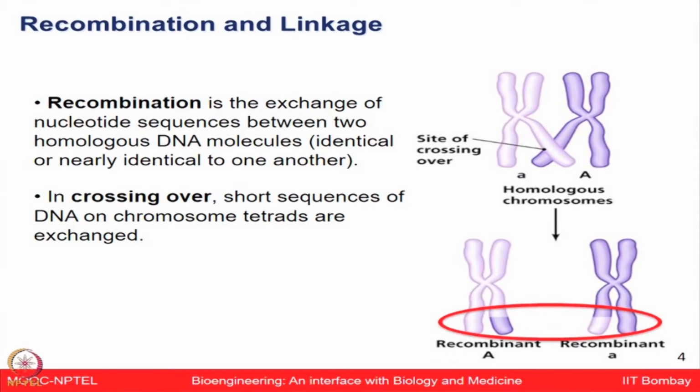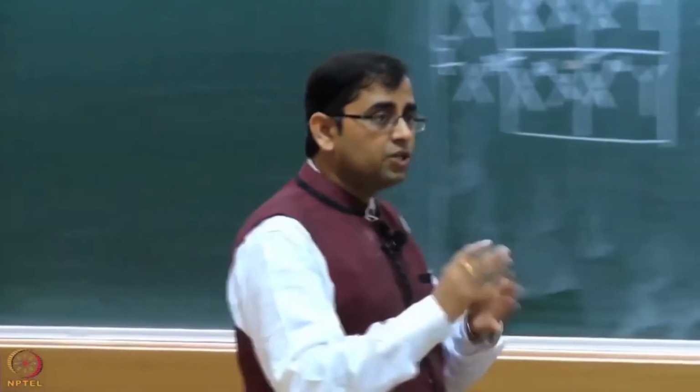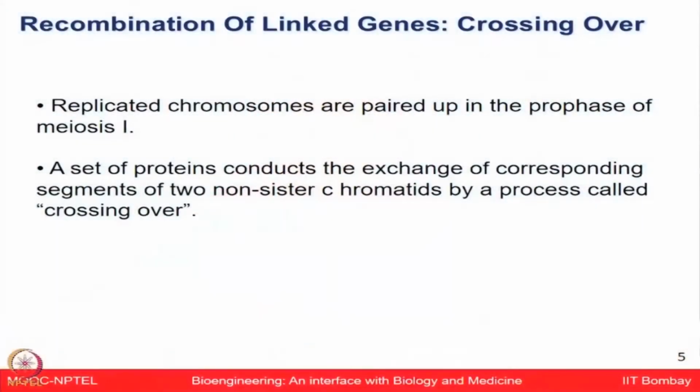This is a concept which we have briefly seen in the meiosis part, and Morgan was trying to investigate this in much more detail. Just to refresh you, recombination is an event when these genes are getting exchanged between these two chromosomes, at a site which is known as the crossing over site.